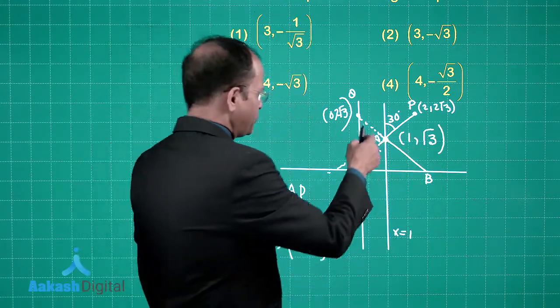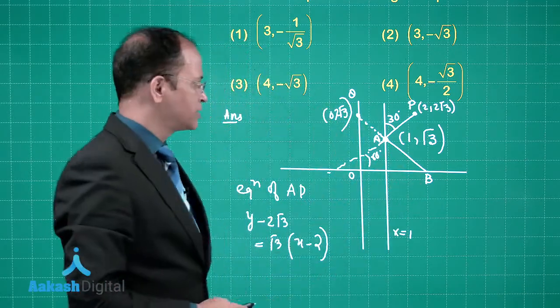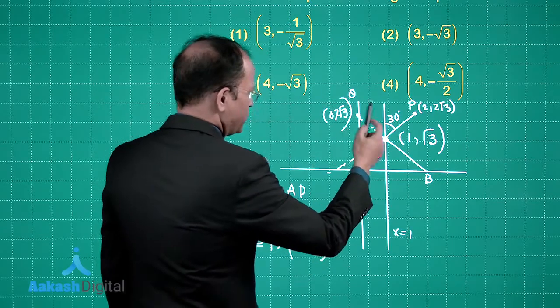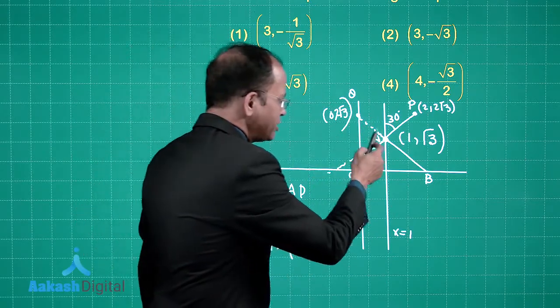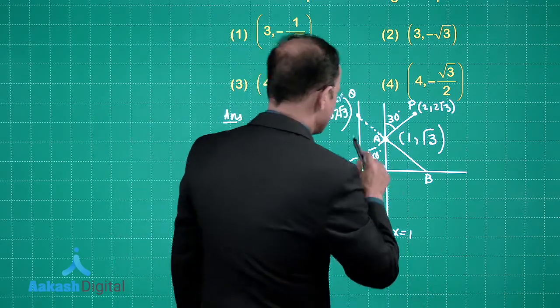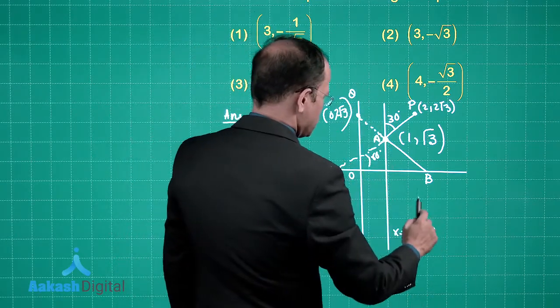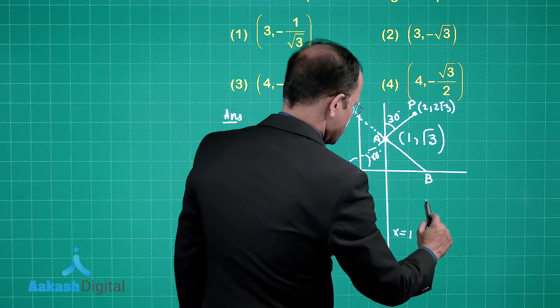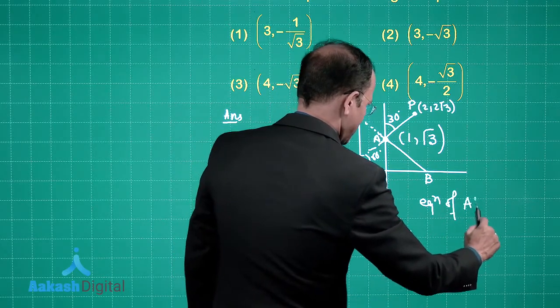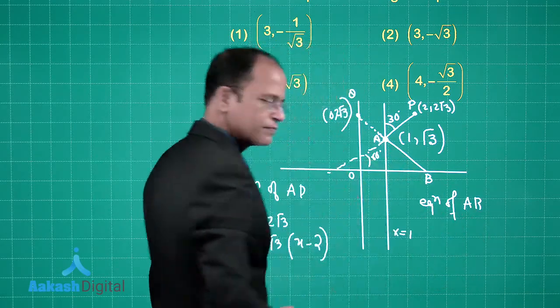Now we need to find the equation of this line. Because you have been given (1, root 3), you have been given (0, 2 root 3), you can find the equation of this line now, right? So what is the equation of this line? Let me take it as say Q. So I have to find the equation of AB, which is the same as QB, same thing.